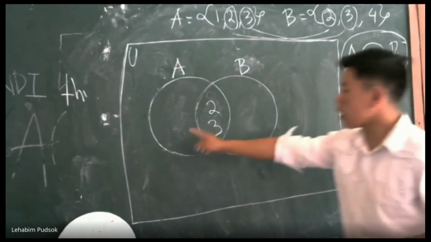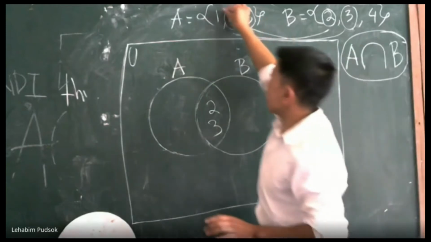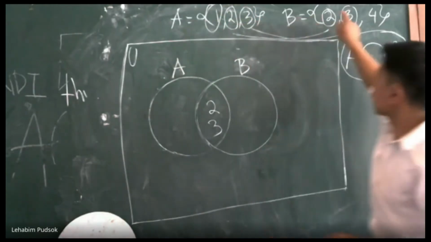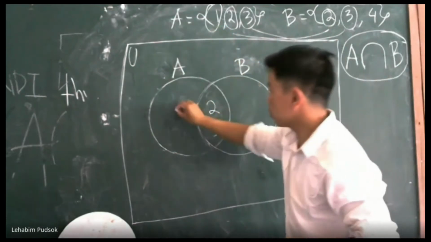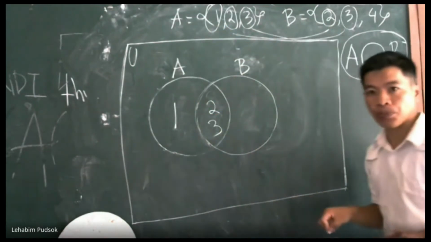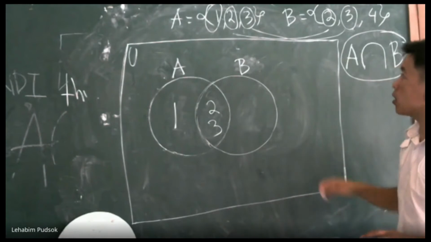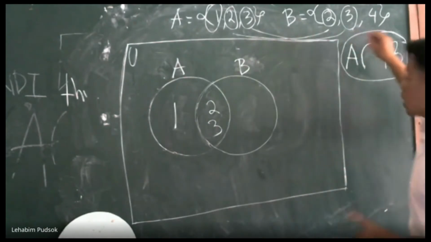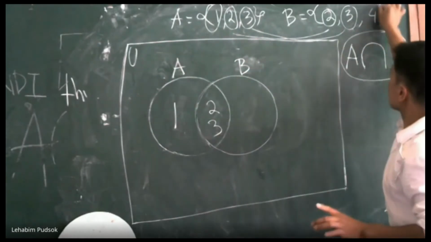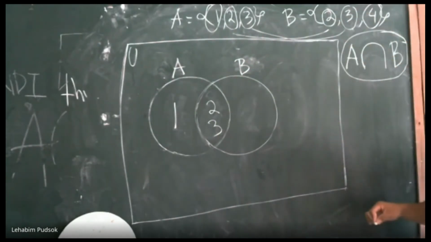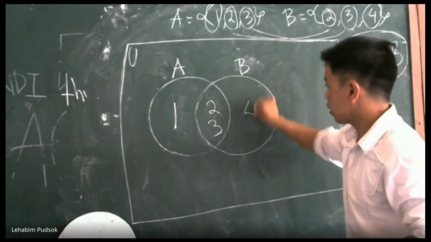And then in set A, there is one element that you cannot find in set B. What is that element? 1. So you put it here. And then in set B, there is another element that you cannot find in set A, and that is element 4. So you put it here.